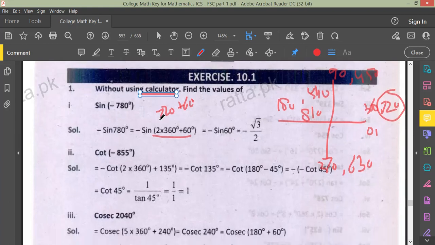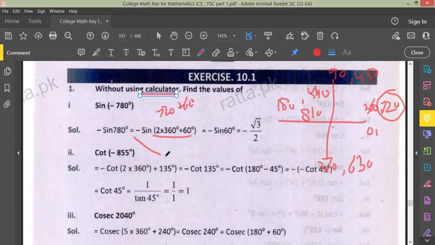You can also write it in multiples of 90. If I divide 720 by 90, this will be equal to 8.